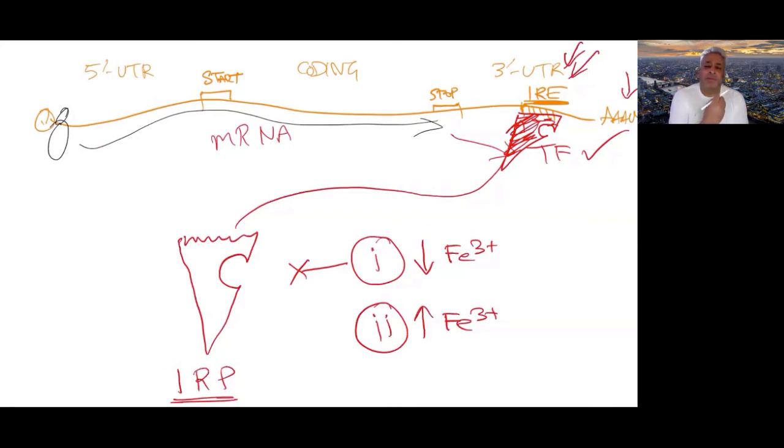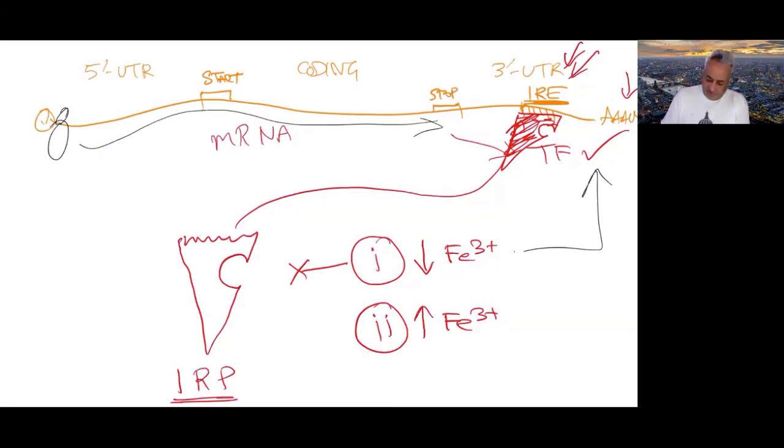So you're keeping the messenger RNA inside the cytosol longer, so lots of protein receptor will be made, and then it will be sent to the surface of the plasma membrane to act as a receptor for binding the transferrin chain. Okay, so that's what happens here, right? So low iron levels lead to more receptor production.